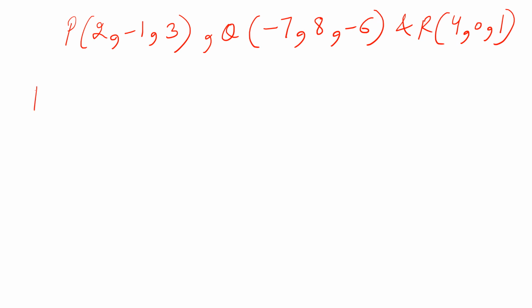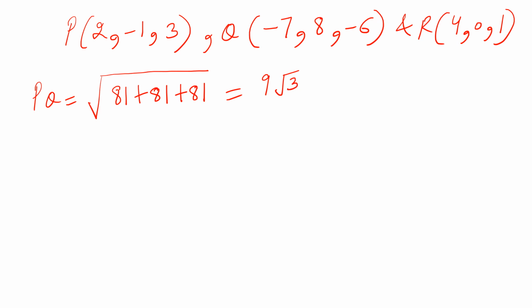Now from here, I can easily find the value of PQ with the help of distance formula, and it becomes square root of 9 square, that is 81, plus 9 square, again 81, and then plus 81 again. So it becomes 9 into square root of 3. So that means option A is correct.